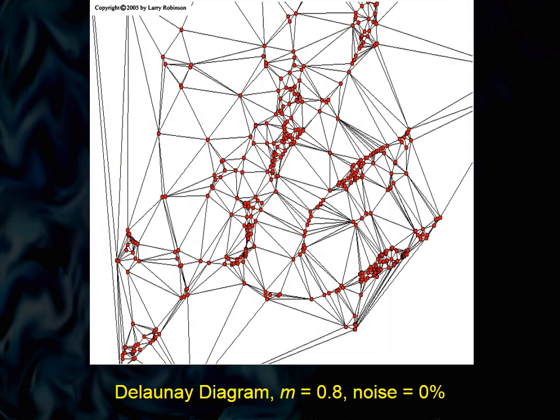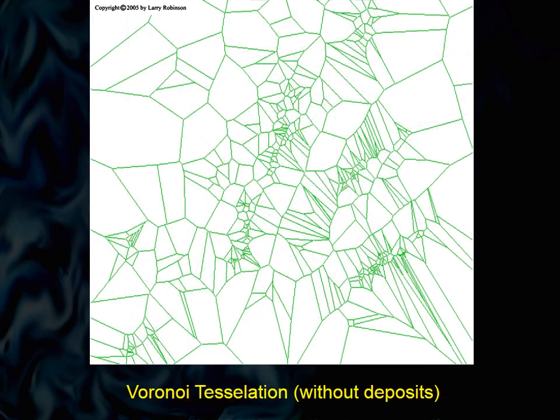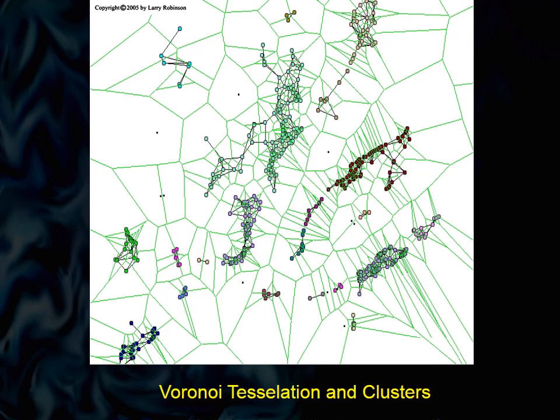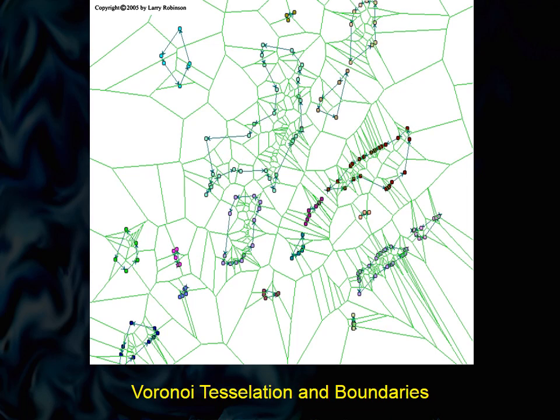The Delaunay diagram with Broken Hill type deposits. The Voronoi tessellation without deposits. Voronoi tessellation with clusters. Voronoi tessellation with boundaries.